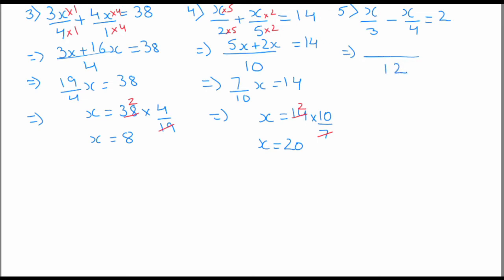Now it will be 3 fours are 12 and 4 threes are 12. Same thing multiplied to the numerator.